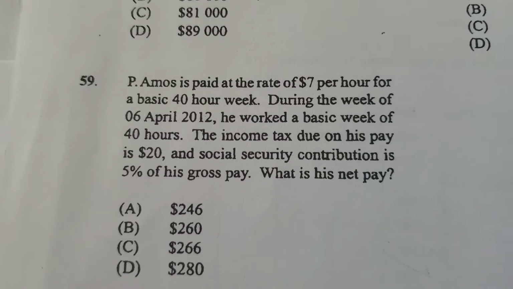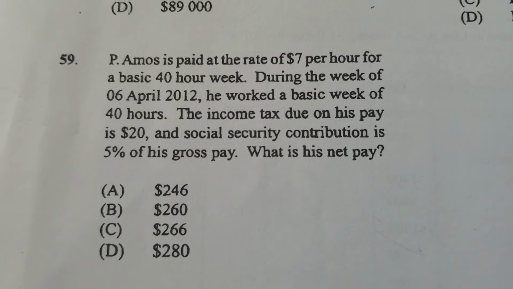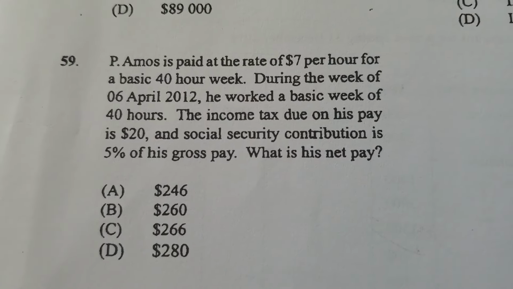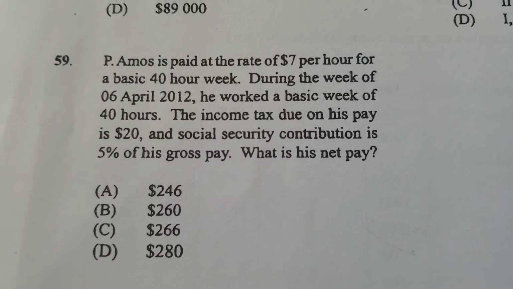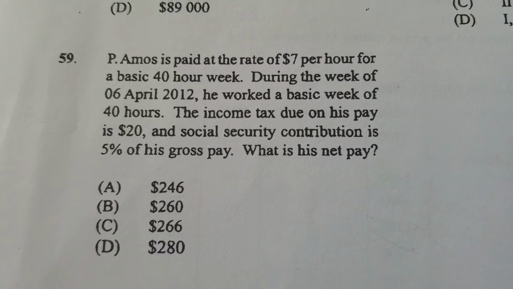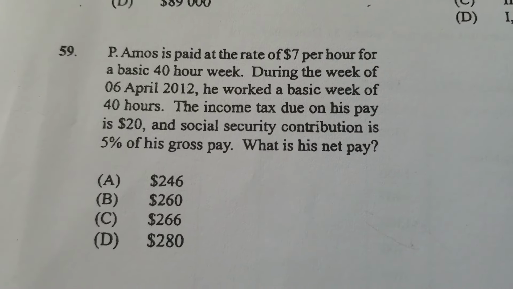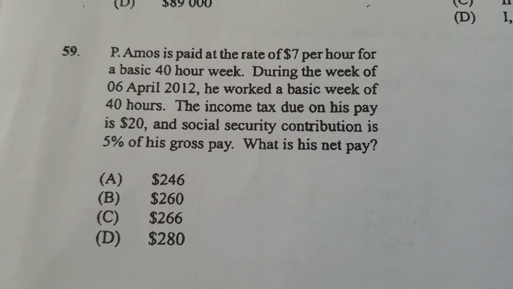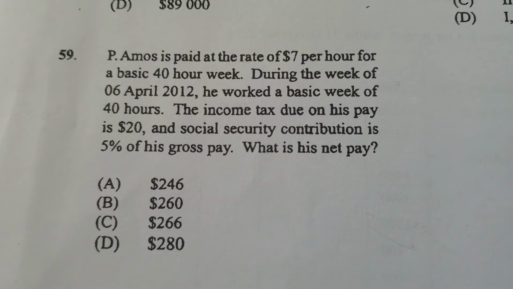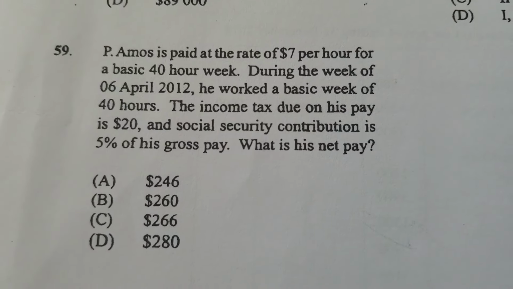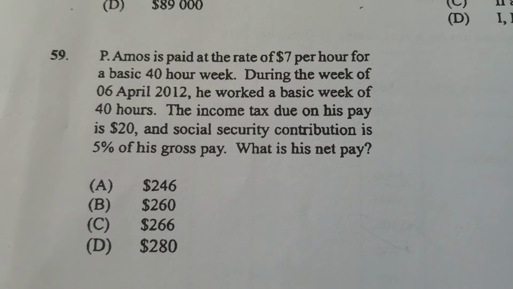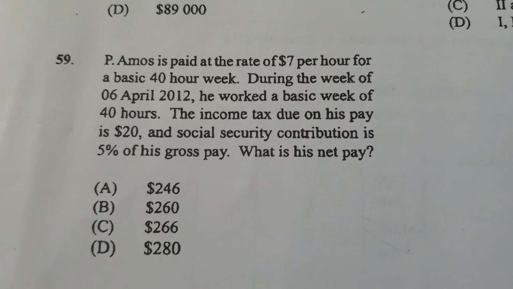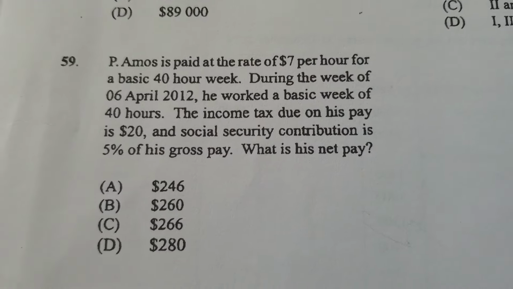Let's go to 59. Yes, it says here that Amos is paid at a rate of $7 per hour for a basic 40-hour week during the week of 6th of April 2012. He worked a basic week of 40 hours. The income tax due on his pay is $20.